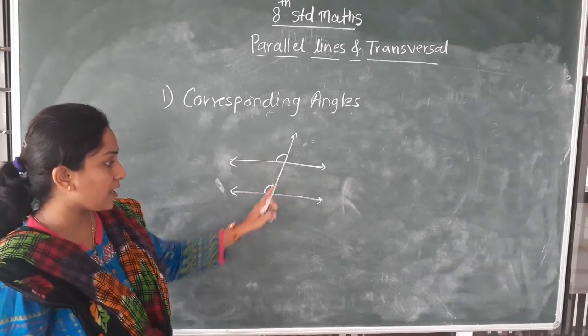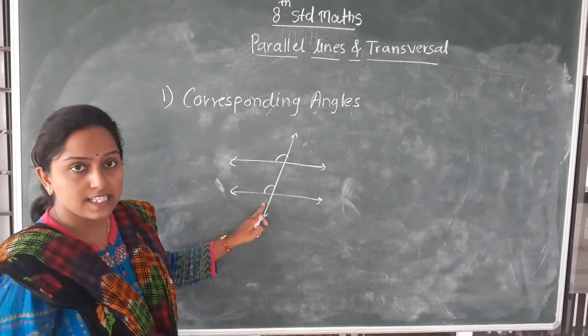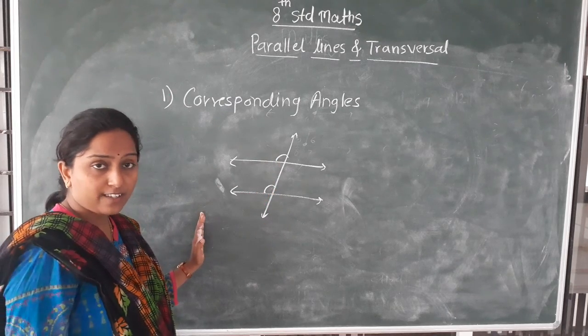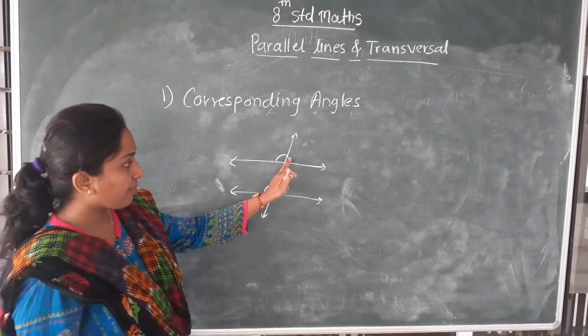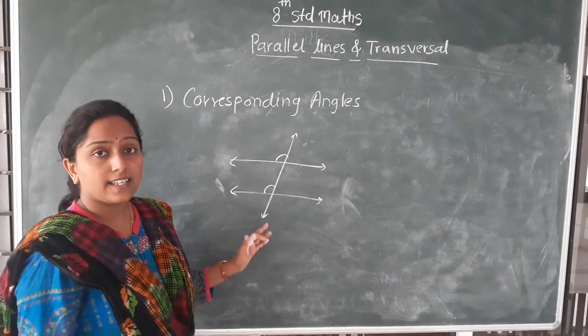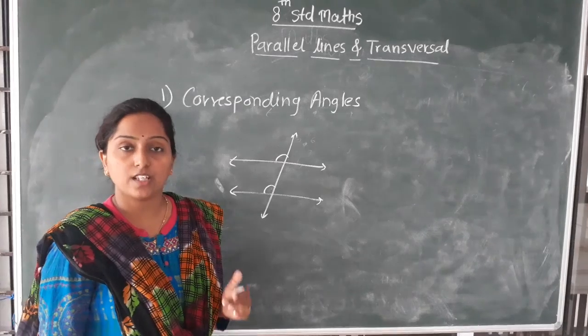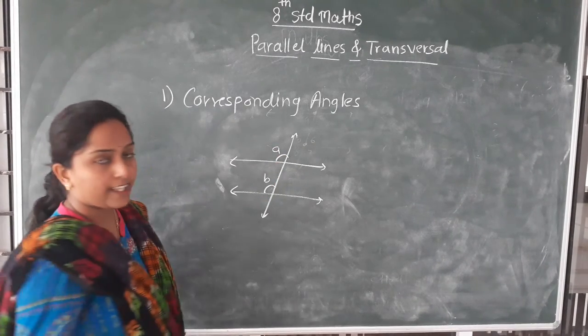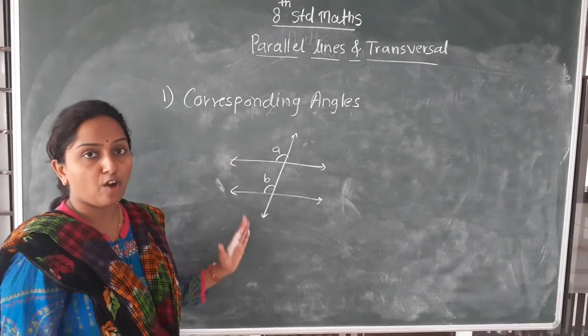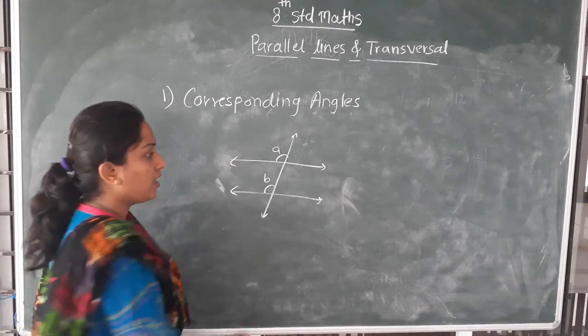These two angles are on the same side of the transversal and their arms are in the same direction. That's why angle A and angle B is the first pair of corresponding angles.